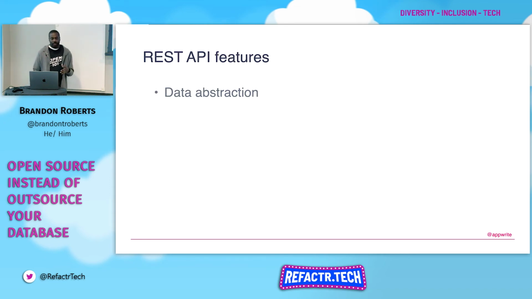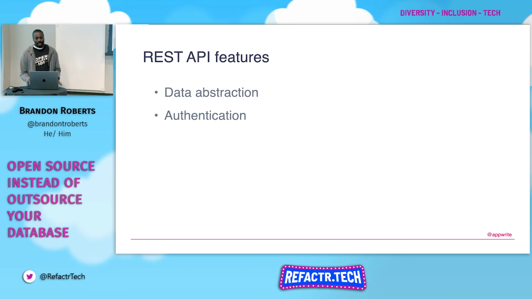Also, your REST API could be a data abstraction. Most commonly, if you're building for the web, you're usually exposing some JSON data that consumers can use on the front-end application. Also, authentication, which is a very challenging thing to do. We have Auth0 here, and of course, that's what they specialize in.